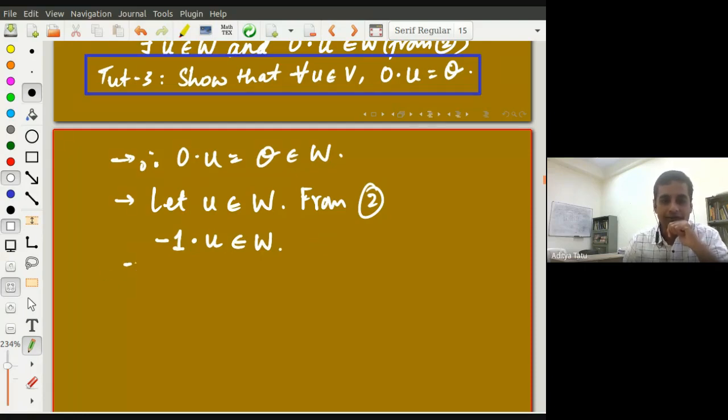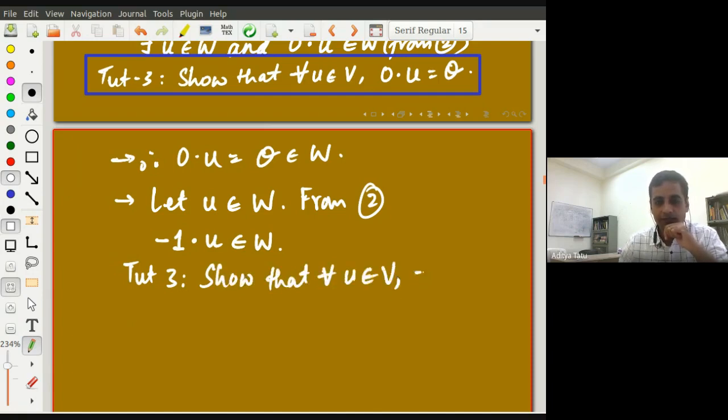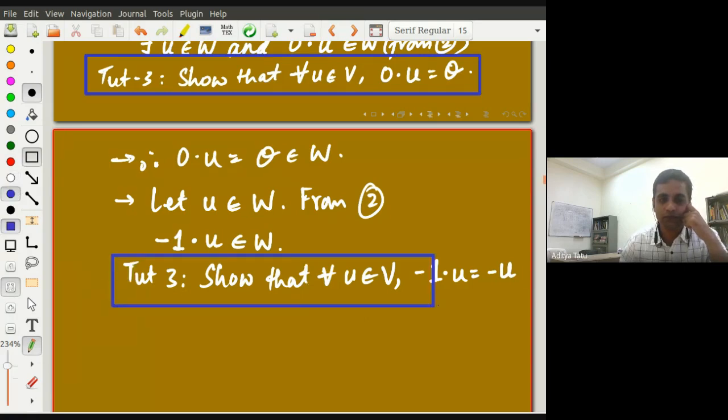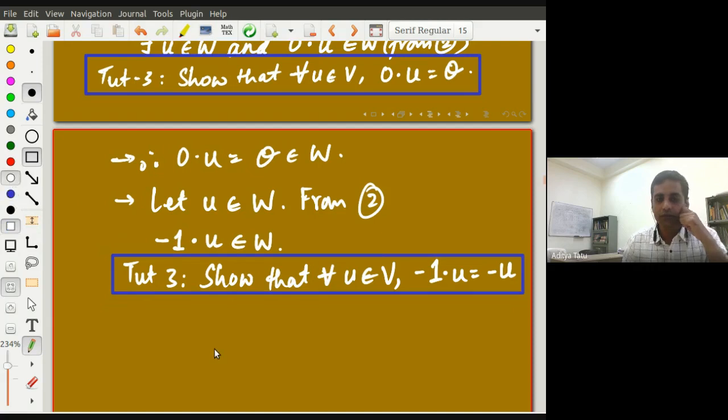Again, running out of time, so let me include this in the tutorial sheet. Show that for all u in V, minus 1 scalar multiplication u has to be the additive inverse of u. Okay, so for now, let's assume this is the case.